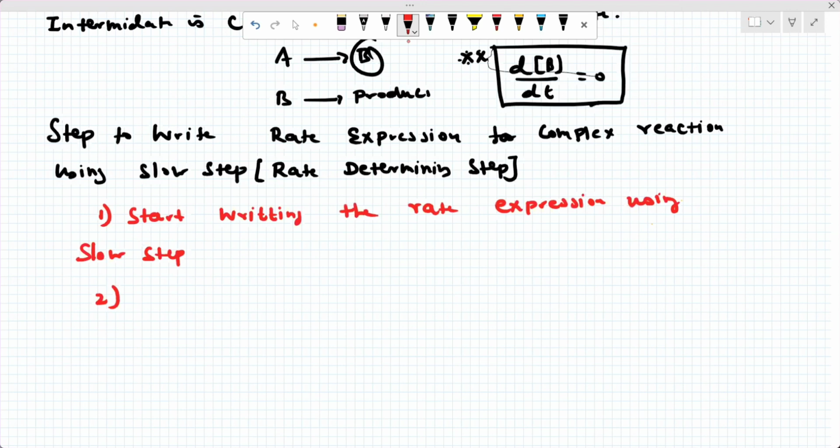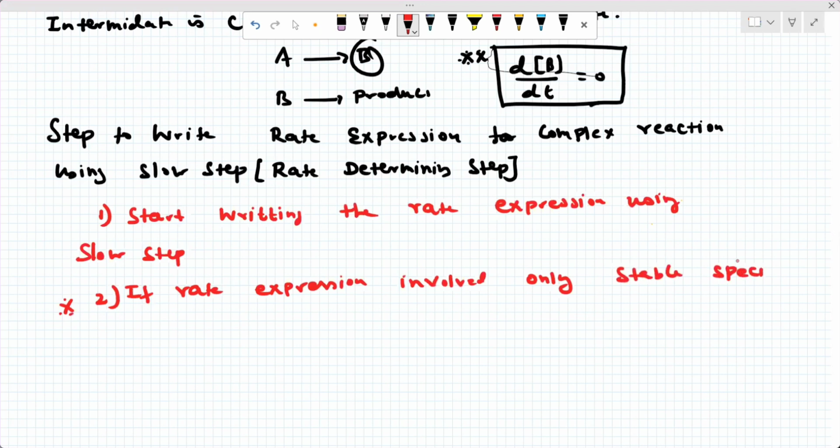Please note, very important, that's one point. If the rate expression involves only stable species, like reactants, products, etc., fine.